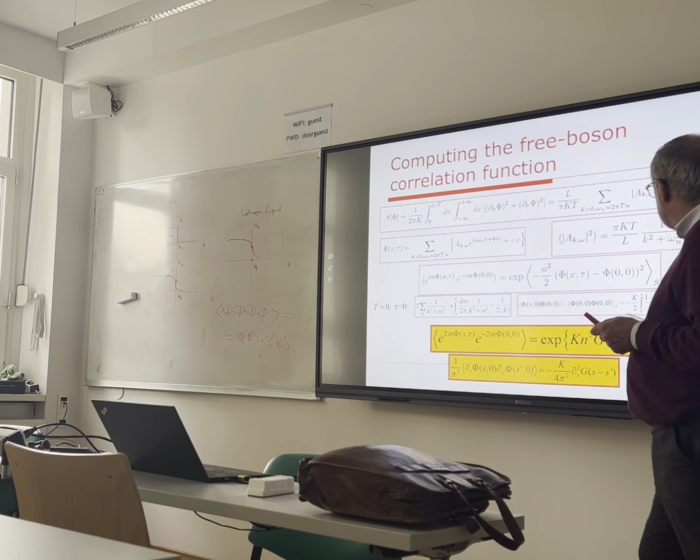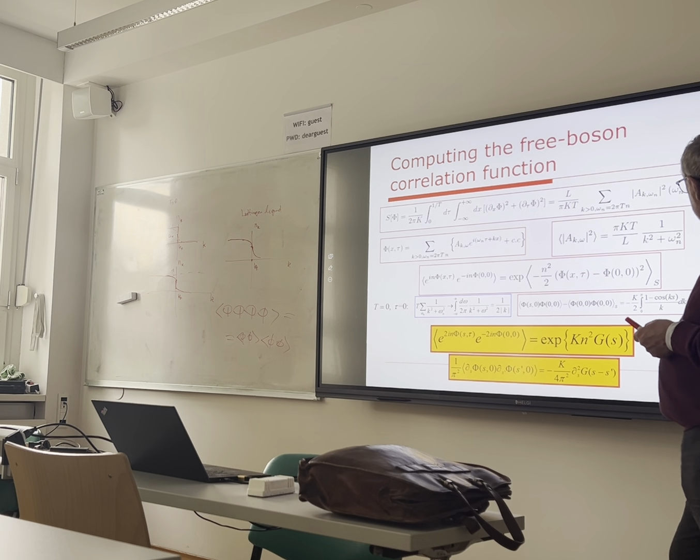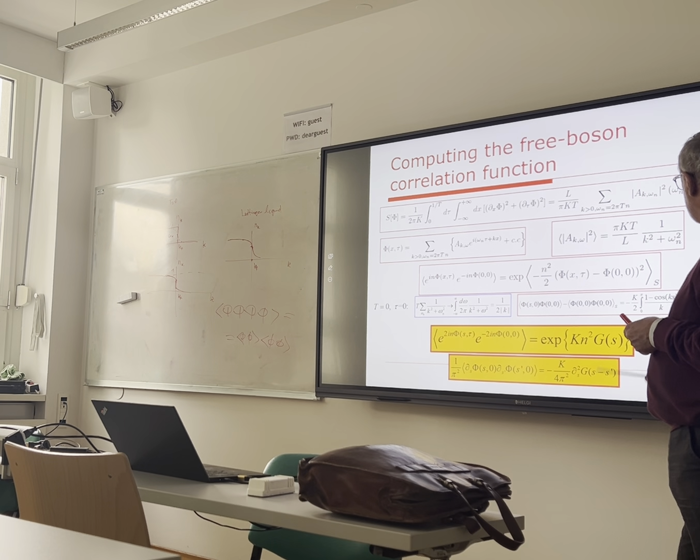And then, in order to compute this correlation function, you have to take this 1 over modulus of k. The function is even, therefore I take it from 0 to pi, and then I have to compute this thing. And this thing is convergent because of this difference.